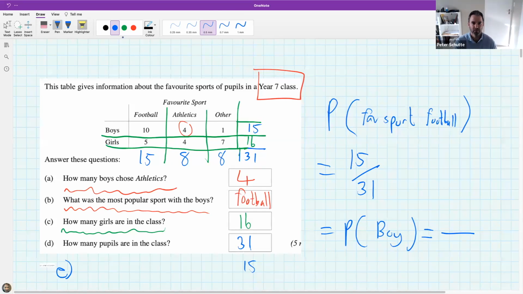So that was a bit more tricky, but actually we just look and see how many boys are there. There are 15. And how many students are there in total that we're picking from? It's going to be 15 out of 31.